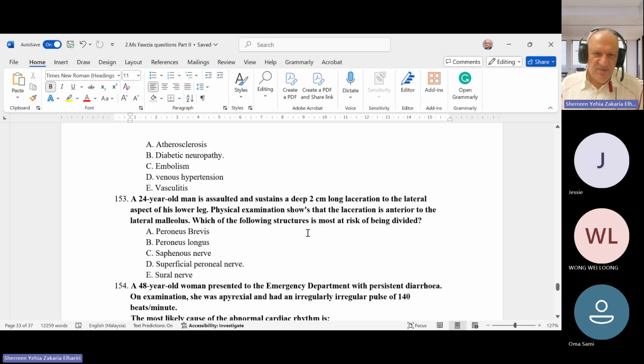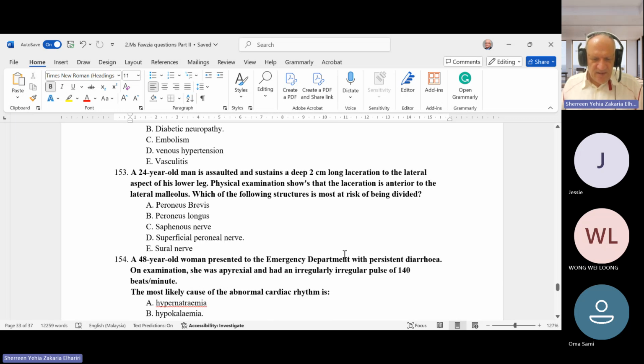He just needs to know the lateral compartment of the leg, especially the lower part, which nerve is related. Anyone knows the answer? Superficial fibular nerve, peroneal nerve. Superficial peroneal nerve. And this is the superficial peroneal nerve. After that it becomes, what is the name?